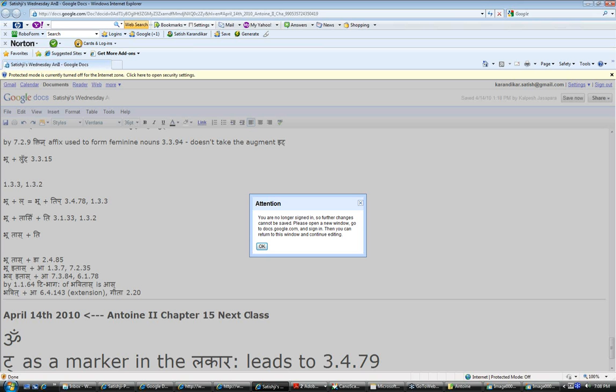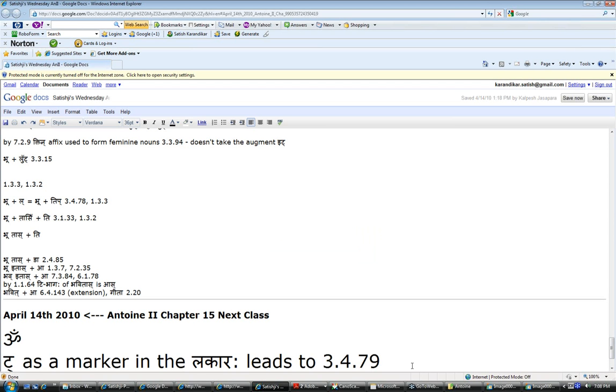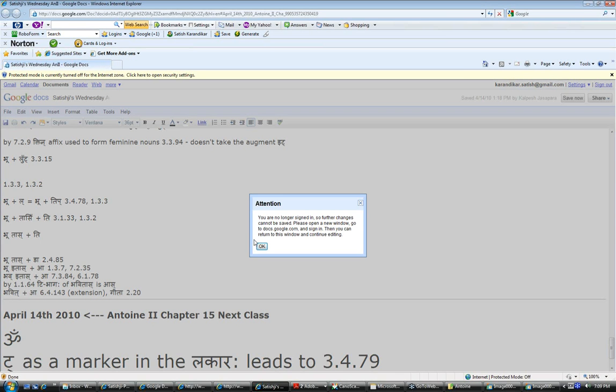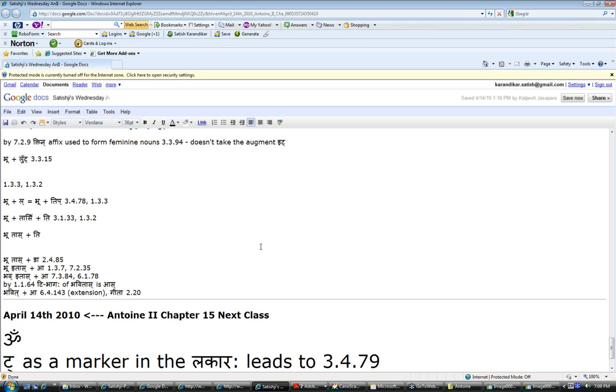Oh, what happened to my document? Something's happened to my document. Okay. Let me see. I guess I cannot save my changes, is what it's telling me. Yeah, I think you might have logged in as somebody else or something like that, probably.